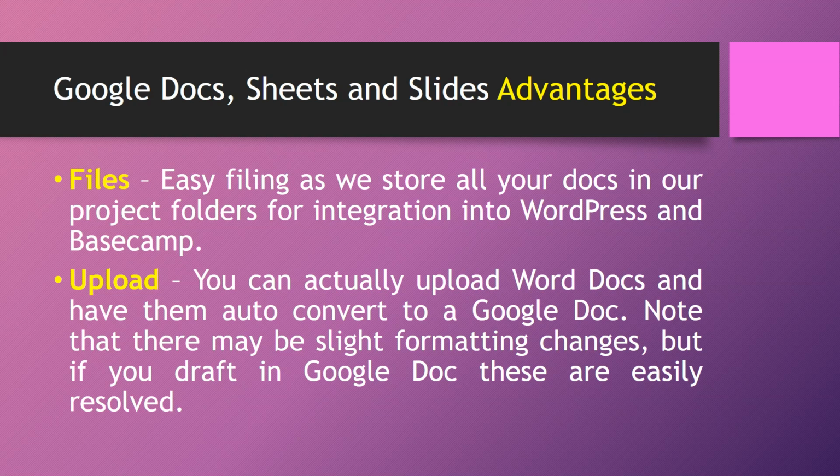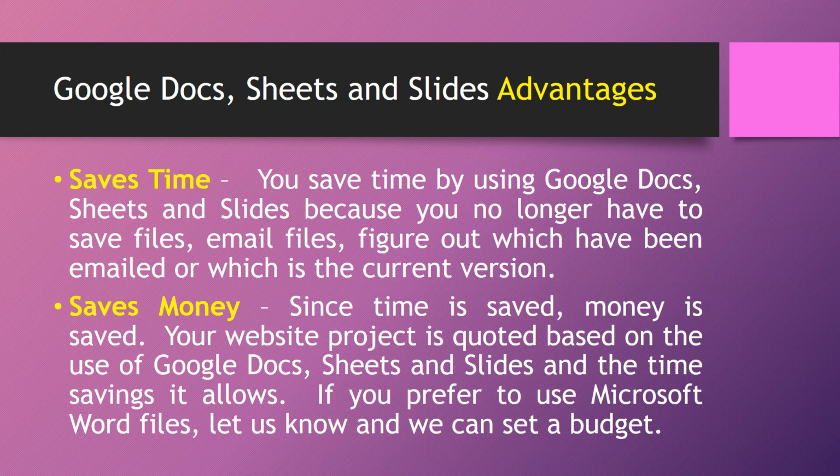Note that there will be slight formatting changes, but if you draft in Google Doc, these are easily resolved. Once you upload, you may have some little changes in the formatting because you used Microsoft Word to create the document, and it may not be fully compatible with Google Doc. Same thing goes for Google Sheets and Google Slides.